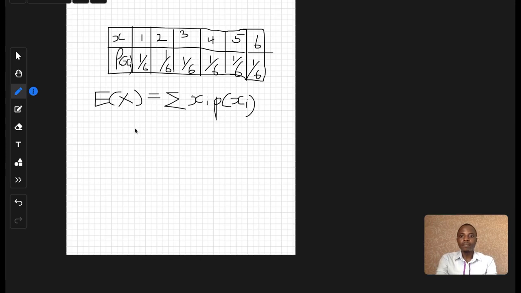It means that the mean will be multiplying each value by its probability. Don't forget that i takes values from 1 to n, and n in this case is 6. So 1 multiplied by 1 over 6, plus 2 multiplied by 1 over 6, and you can go on and on until you get to the last one.